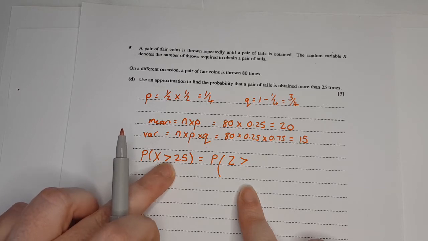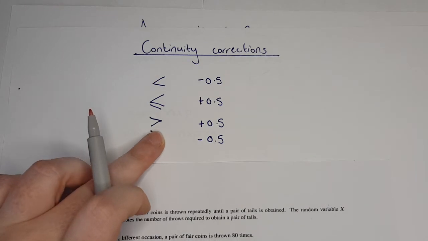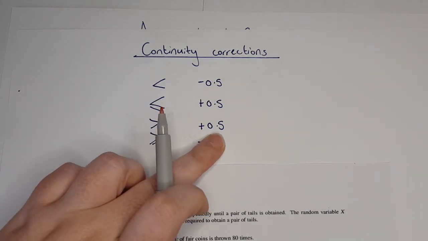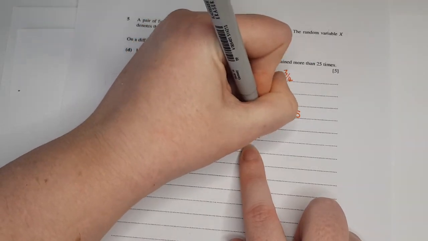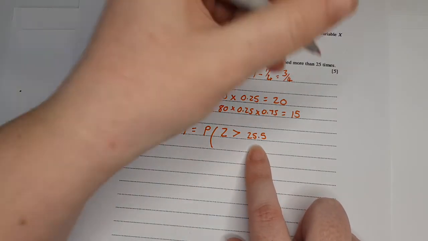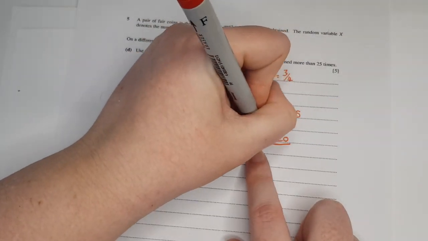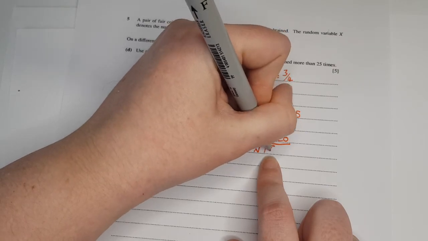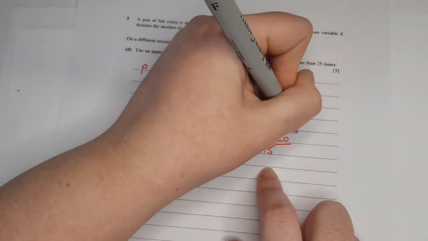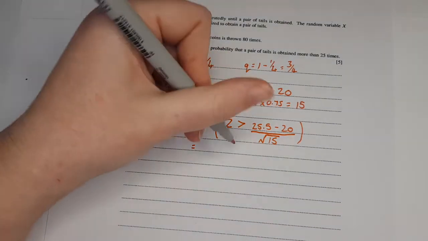So this is just greater than. So if I look, greater than, said I must add 0.5. So I'm going to say 25.5 now, minus the mean of 20, divided by the standard deviation, which is the square root of my variance. And that will then give me a value for z.